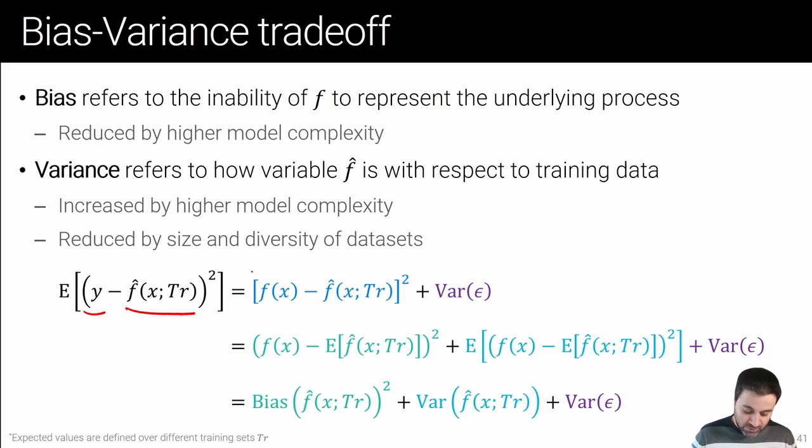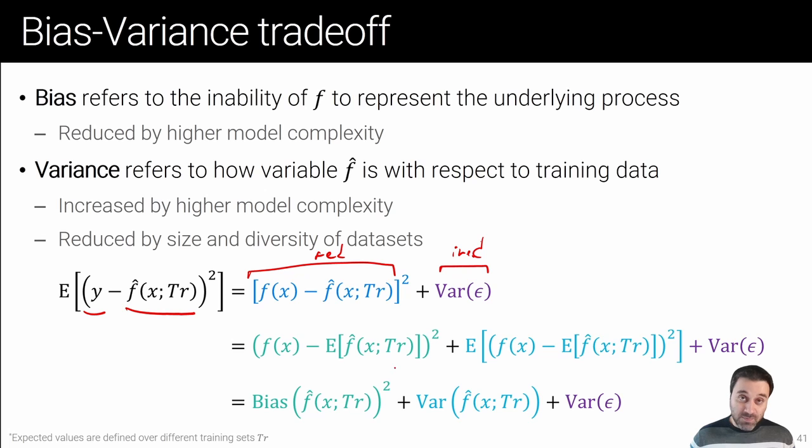Well, we saw that we have two components. The first one is the reducible error, and the second one is the irreducible error. Now, what we see here is that the reducible error can be further decomposed into two components, a green and light blue here. The first component in green is the bias, and it's precisely this expression over here.